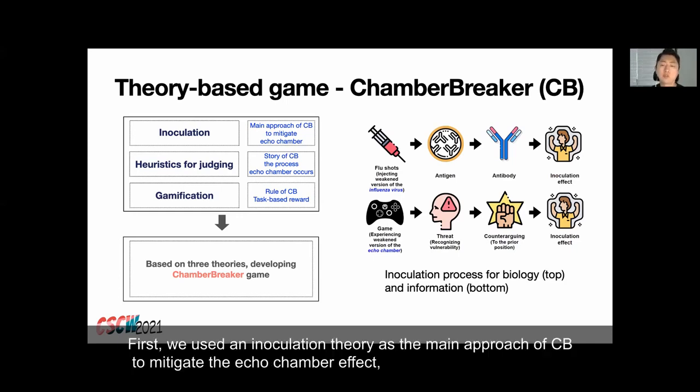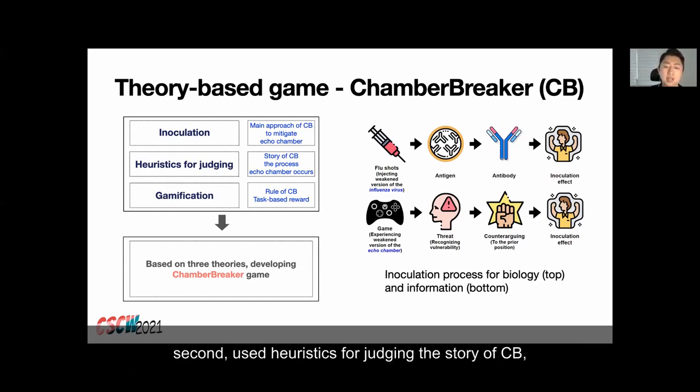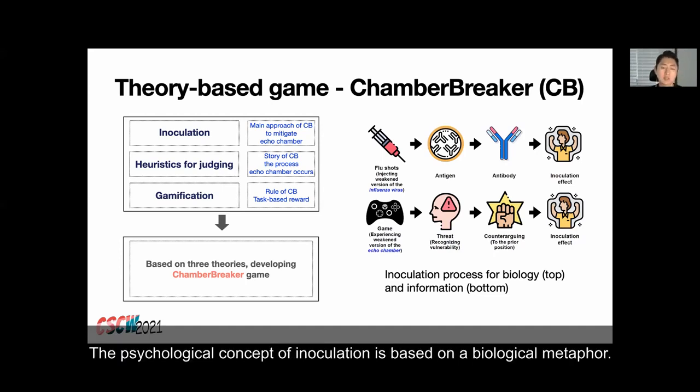First, we use inoculation theory as the main approach of CB to mitigate the echo chamber effect. Second, we use a heuristic for judging as the story of CB, and use gamification as the rule of CB. The psychological concept of inoculation is based on a biological metaphor.